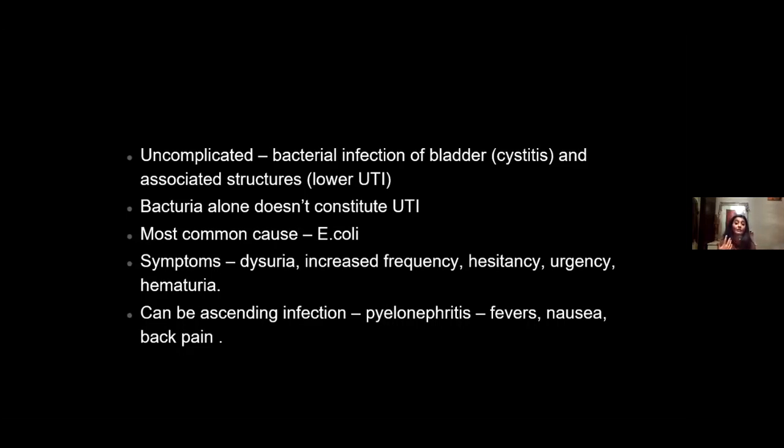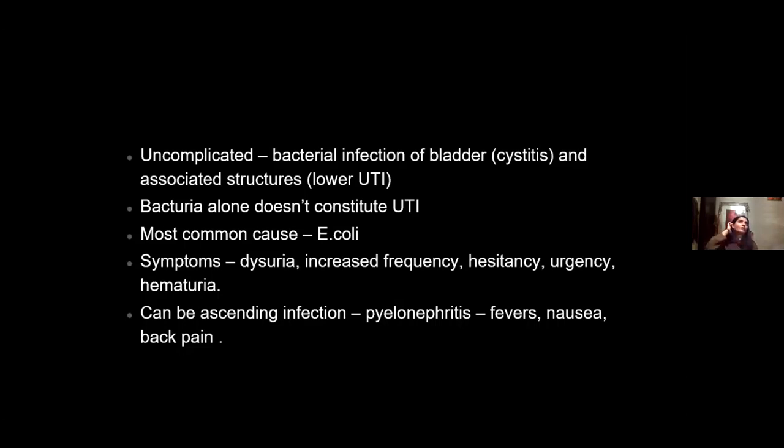We have increased frequency, so you're going to the toilet way more often. Hesitancy, so when you sit down to go to the toilet, you have difficulty initiating the voiding. Urgency, you feel like you need to go absolutely straight away. And some people in a bit more severe infections can present with hematuria as well.